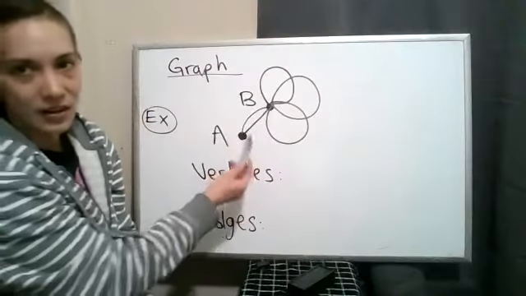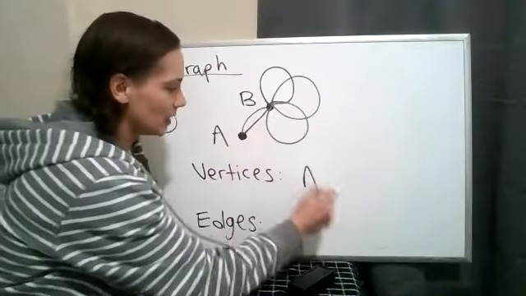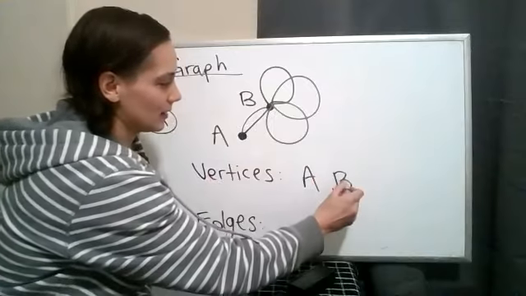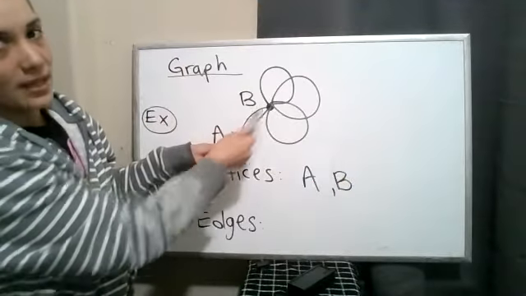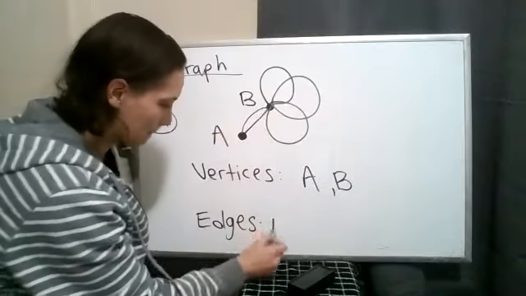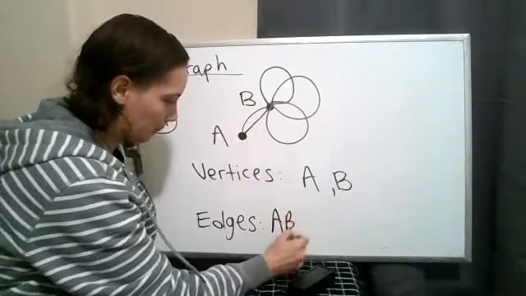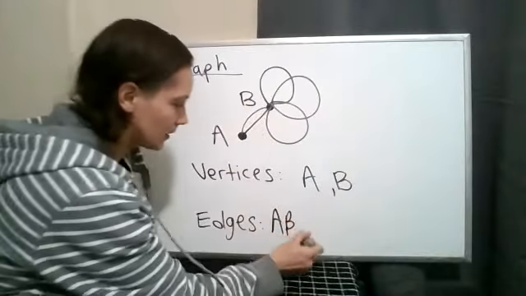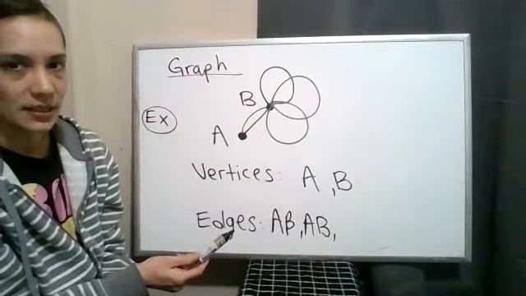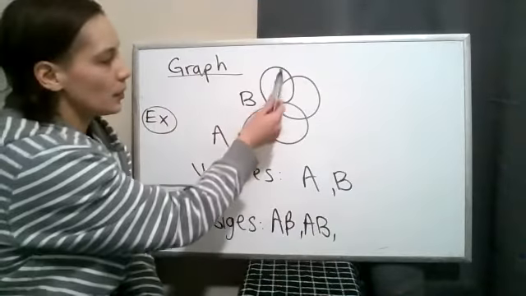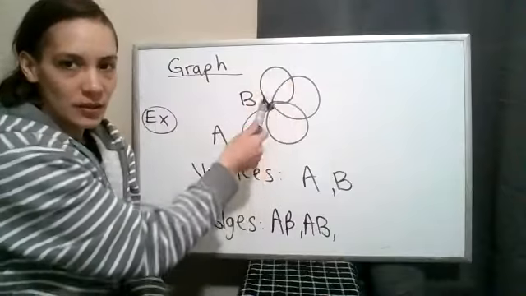Okay, A and B are the dots that we have labeled. We have AB, AB, which would be multiple edges. And then we have multiple edges that are also loops.